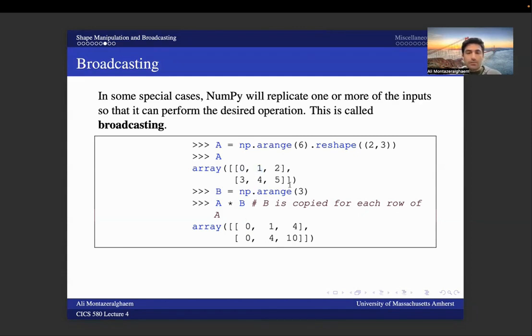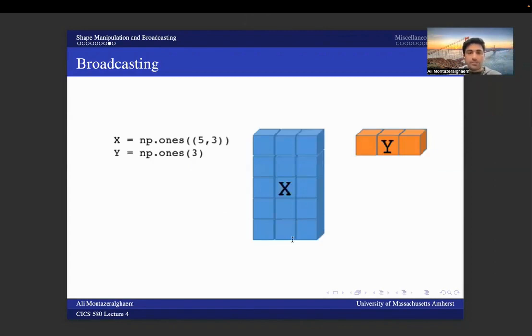And we have 2 multiplied by 2, the third column in the first row of B. Then in the second row, we again have 0, 1, 2 for B. So we multiply 3 by 0, 4 by 1, and 5 by 2, which is 10.